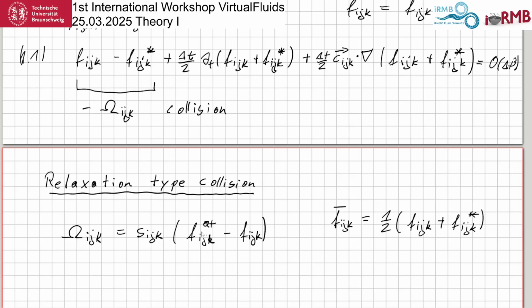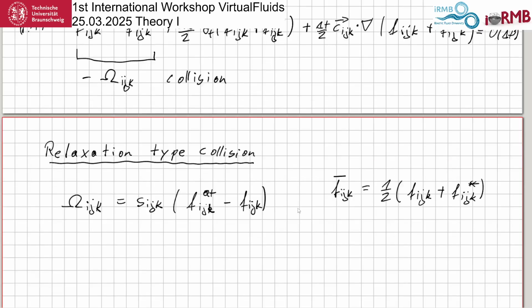Now, if you think about this, it actually means that Fijk can also be written in terms of the average. Because this is adding the collision to it, we can subtract half of the collision from the one in the middle in order to get the one before.